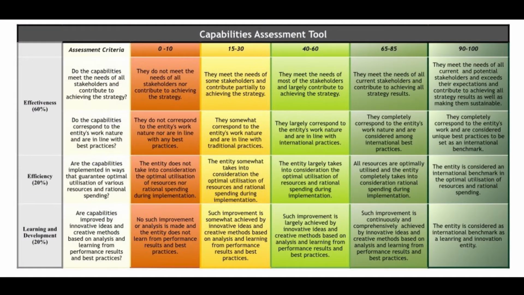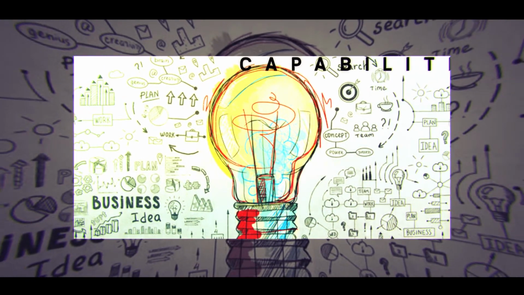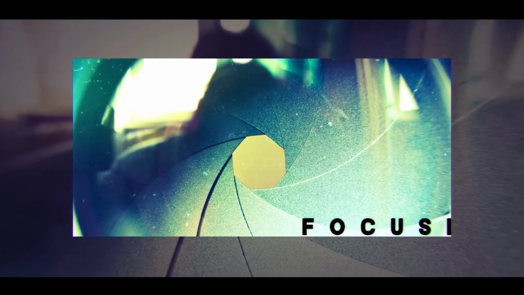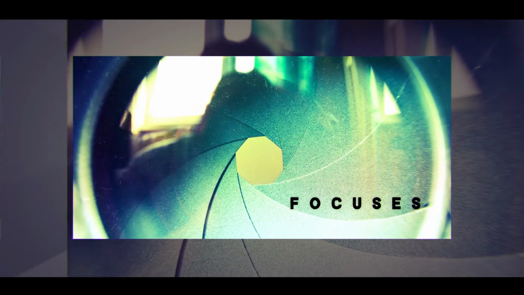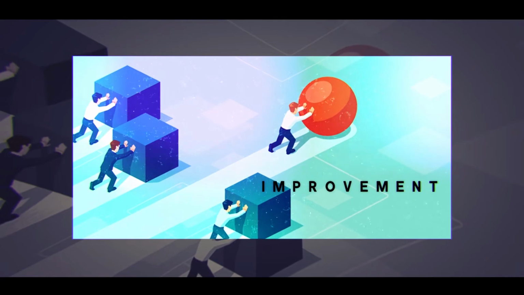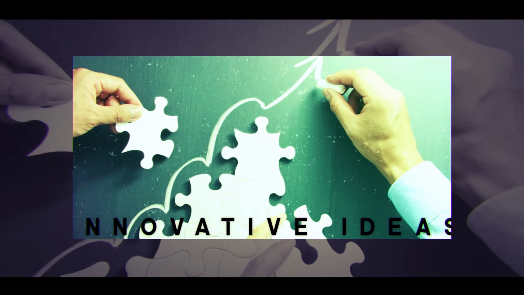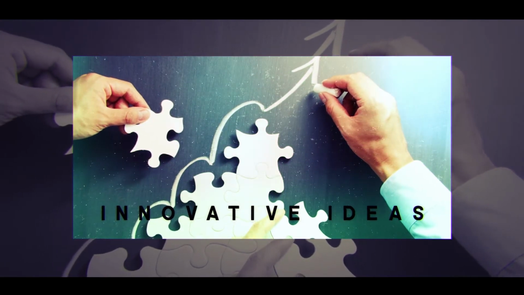And the additional dimensions that are in the capability assessment tool of GEM 1.0 also relate to the adequacy of using the existing resources to support the capabilities deployment in order to deliver with high levels of efficiency. Lastly, the assessment focuses on the regularity of considering the improvement of capabilities and whether the improvement is based on learning and the injection of innovative ideas.